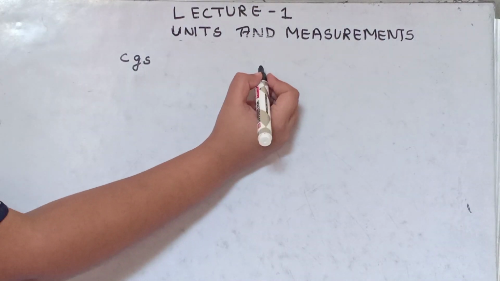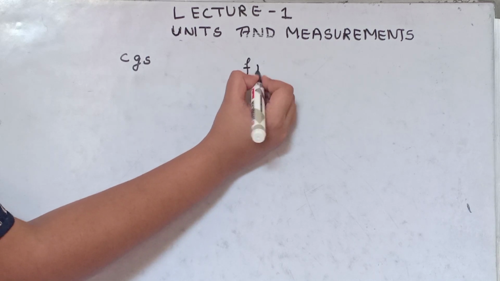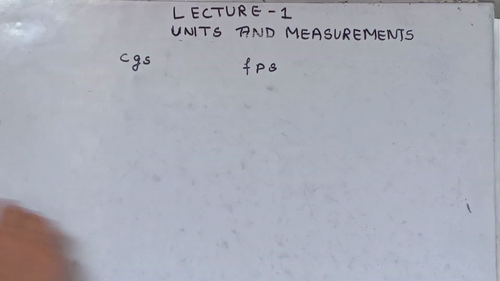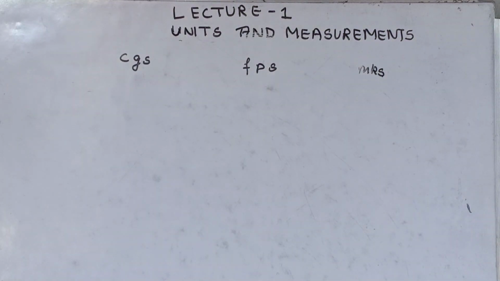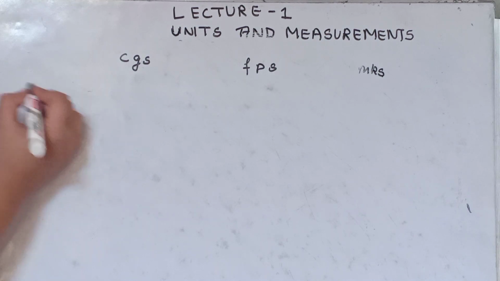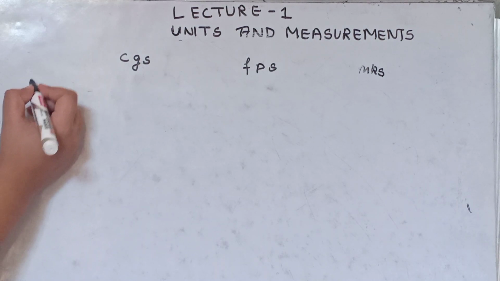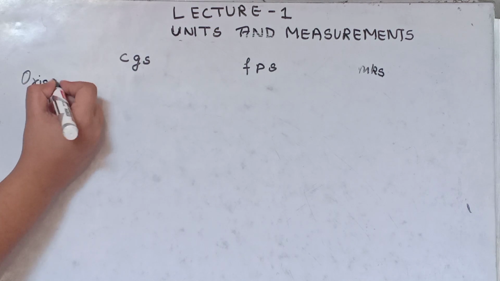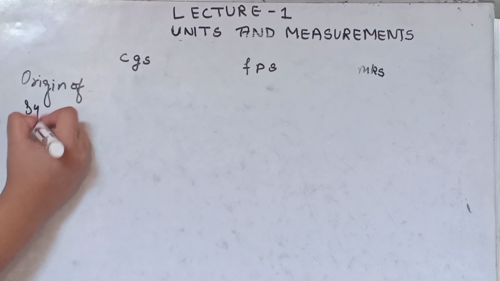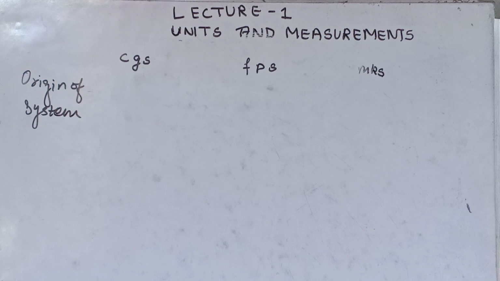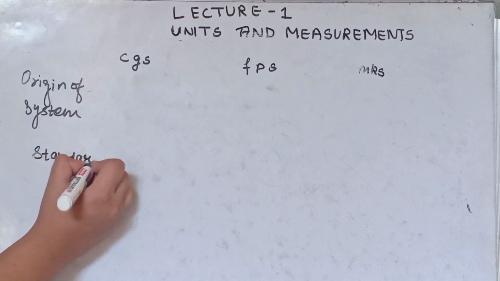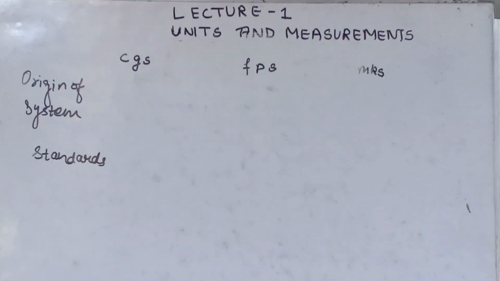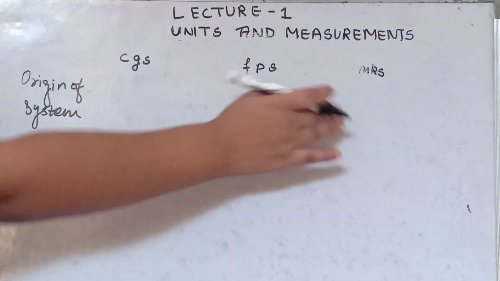Number two is FPS, and number three is MKS. After this I'll come to SI. Here you can write the origin of the system, and then the standards. What are the standards for different quantities in these particular systems?